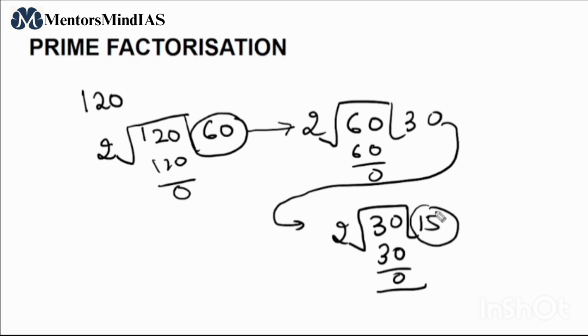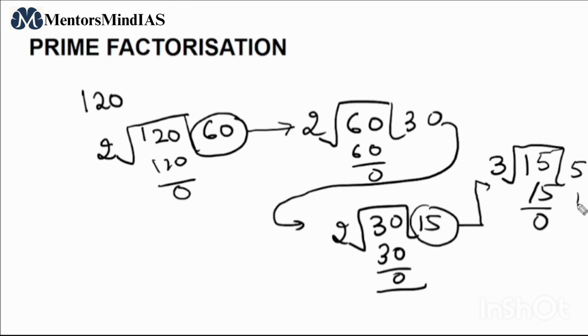Now you have to again divide 15 with the least prime number possible. Now it will not be 2, it will be 3. And the least prime number with which 5 is divisible is 5. When you divide it by 5, you get 1. So this is the end of your prime factorization.